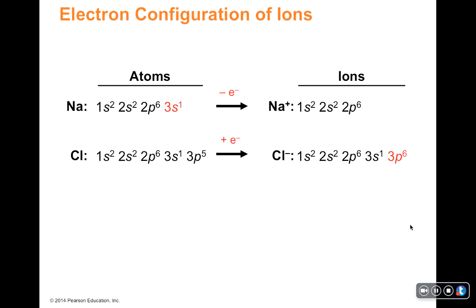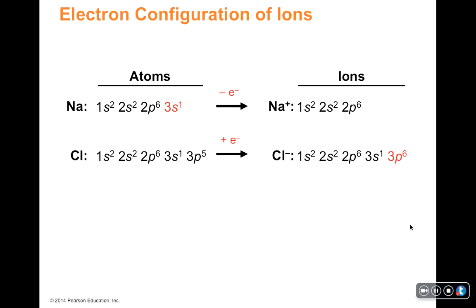And here you can see what's happening in terms of their electron configuration. When sodium loses an electron, it loses it from its outermost shell, which is that 3s. And you can see that Na+1 has a 1s2, 2s2, 2p6 configuration. If you look next at chlorine, you'll see when it gains an electron, it fills that 3p6 orbital.